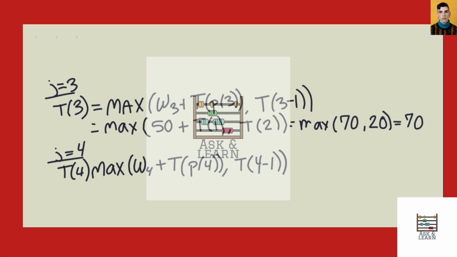Okay, so this is going to give us the maximum of 30 plus T0 or 70. So that's going to be 30 or 70, and of course 70 is greater.